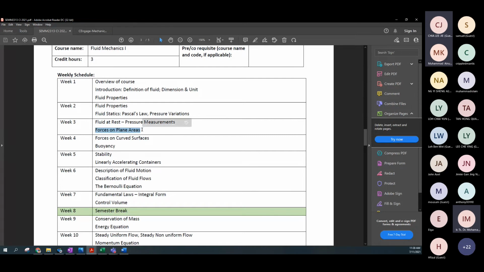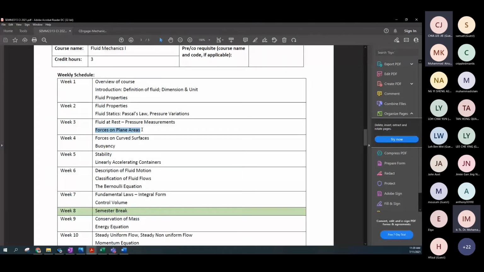And then how to calculate the force on a plane area. Remember that when a vertical plane is submerged in water, what kind of force do we use? Do you still remember? F equals gamma Hc A. That is the force acting at the center of pressure.